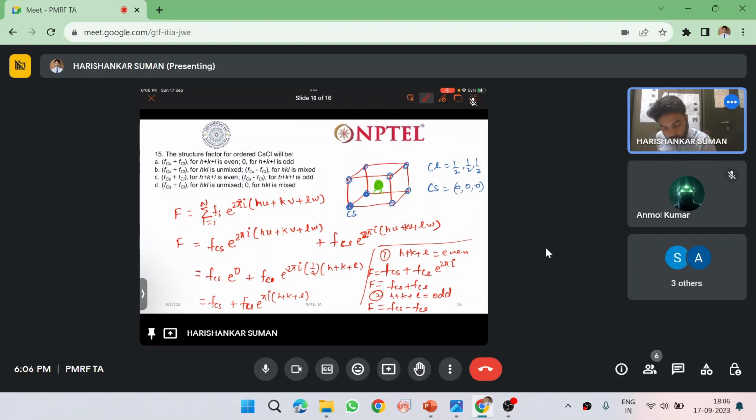Okay, so CsCl for even plus, and CsCl for odd, what? Clear? Yes.